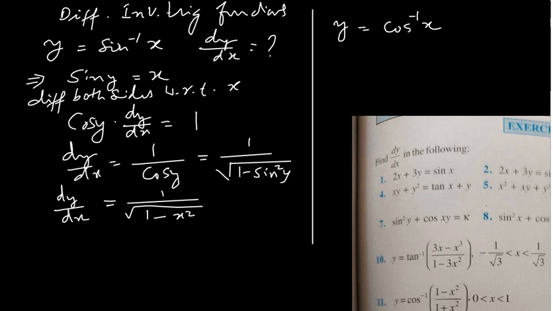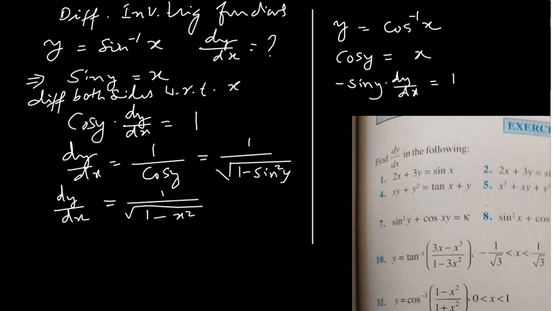Correct. That's the first step. So you want to do, or you will be telling, I'll write it. Cos y is equal to x. That's correct. What's the next step? Differentiate: minus sin y equal to 1.